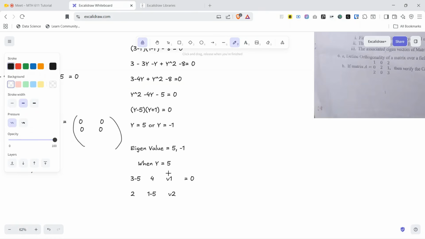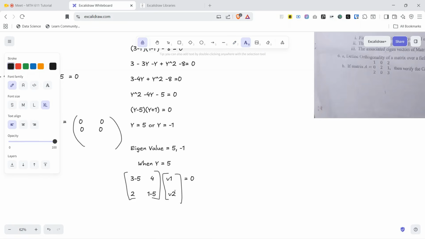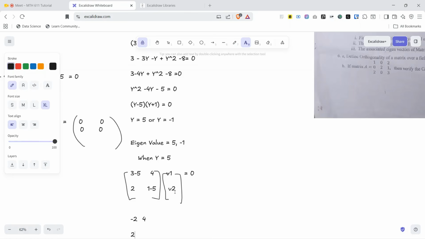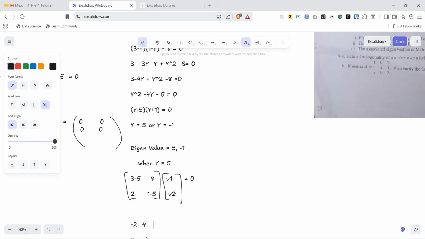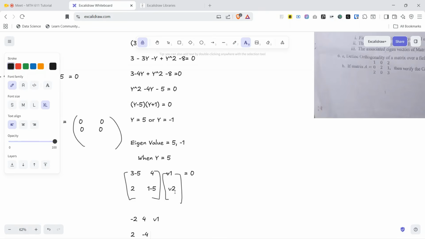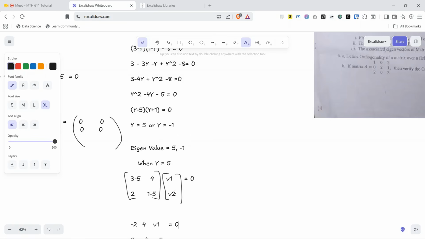So this is going to give us minus 2, 4, 2, minus 4, times V1, V2 equals 0.